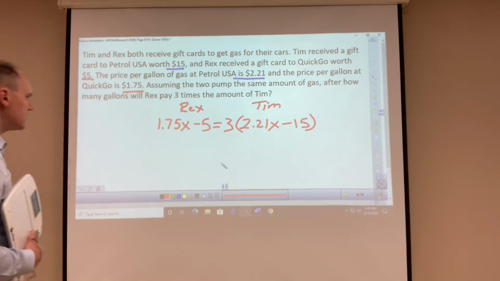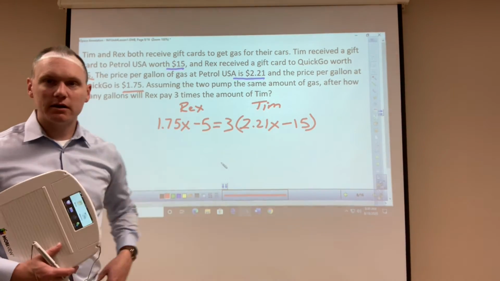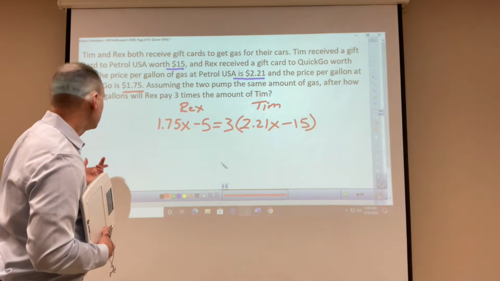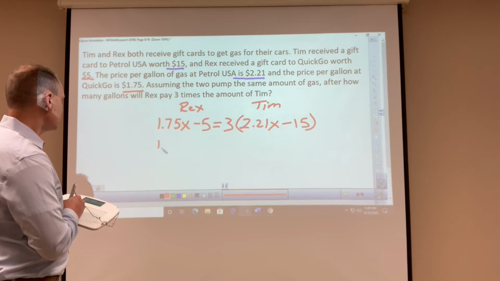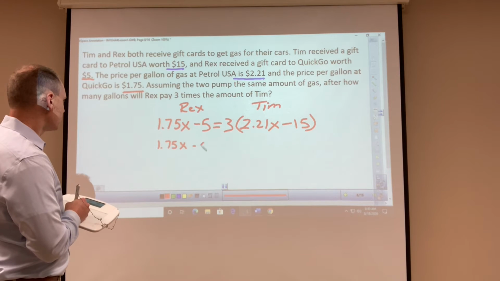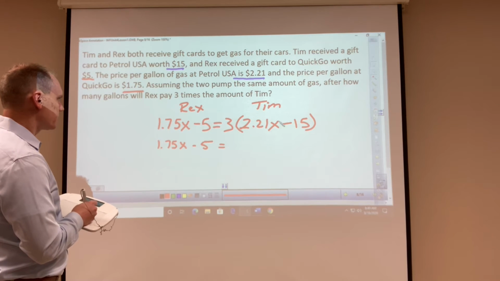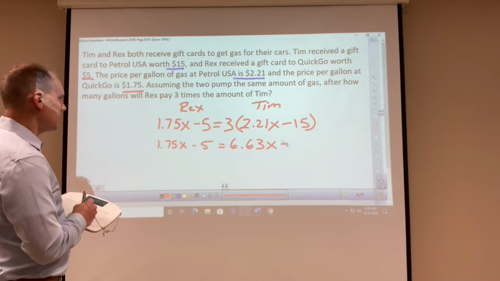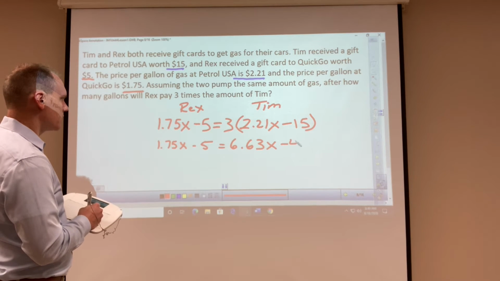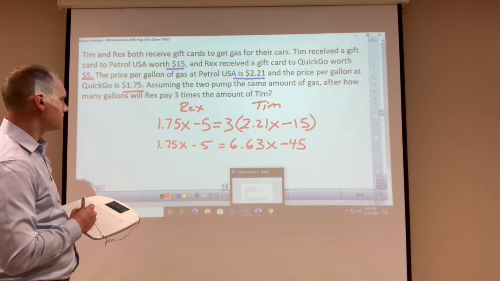All right, so let's do this algebraically, and then we're going to look at it graphically as well. So let's see. The first thing we can do is distribute 3 into this side over here. So 3 times 2.21 is going to be 6.63x minus 3 times 15 is 45.